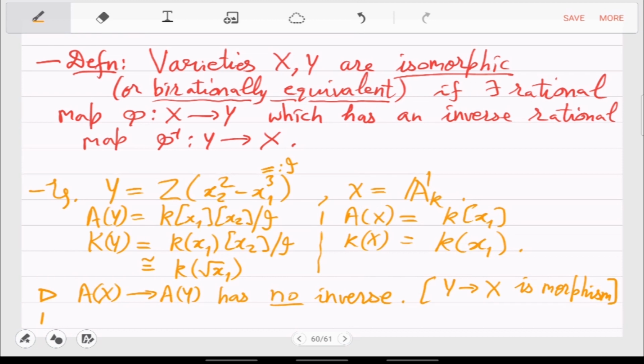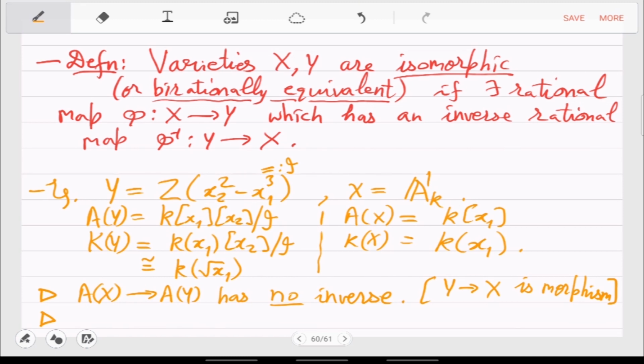So this morphism will just be the projection. Yeah, for now I'm only reversing the arrow. I'm not thinking too hard on the geometric picture of this.